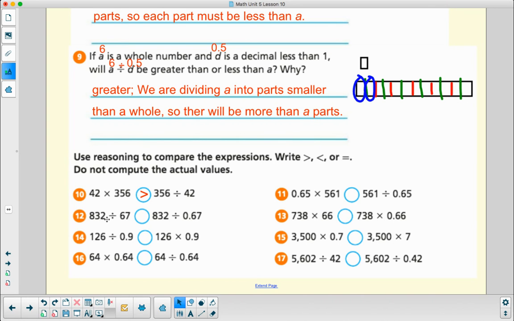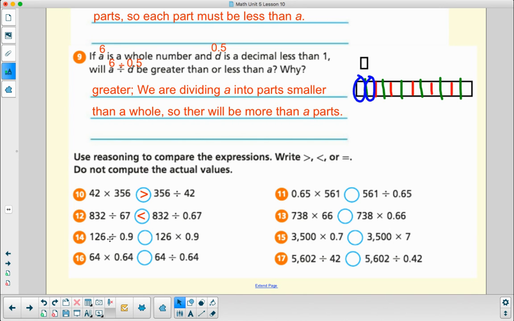Is 832 divided by 67 greater than, less than, or equal to taking 832 and dividing it by 67 hundredths? It is less. Here I'm dividing them into groups greater than 1. Here I'm dividing it into groups less than 1. So there's more than 1 in each one of these.